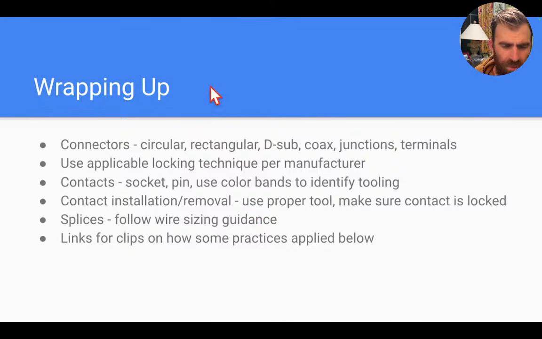Okay, so just to wrap everything up here, connectors, most common types are going to be circular, rectangular, D-sub, coax, junctions, and terminals. When you're connecting them up, make sure that you use the applicable locking technique per the manufacturer specs.